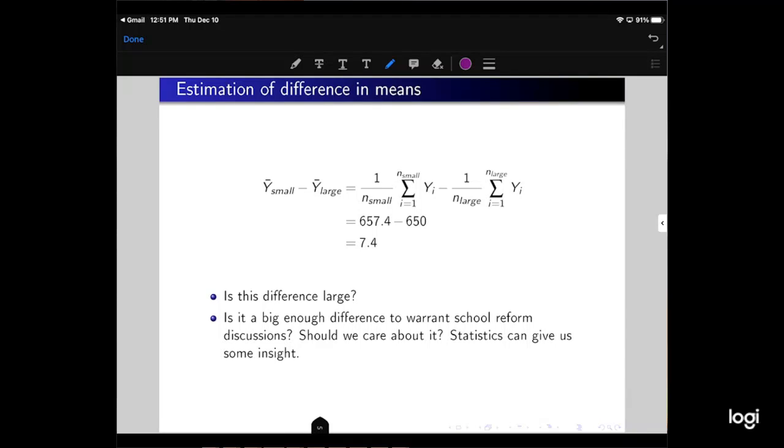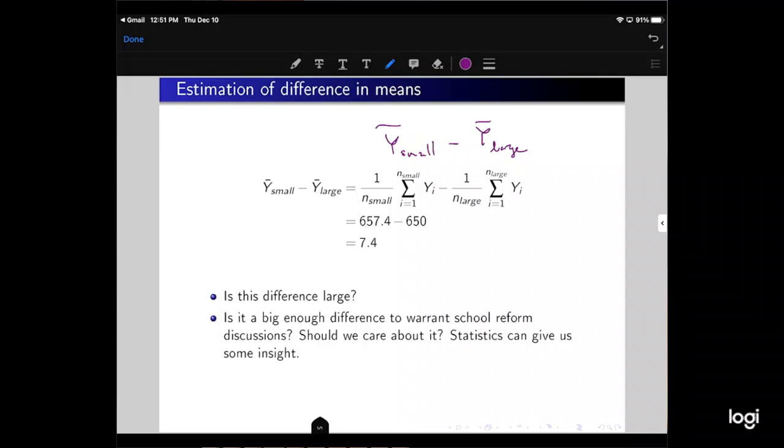Okay, the first thing we can do is just an estimation of the difference in means. So what we're doing is we're taking the average of the test scores of the small minus the average of the test scores of the large. So we're doing y bar small minus y bar large.